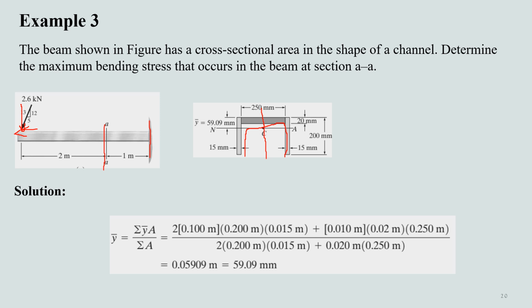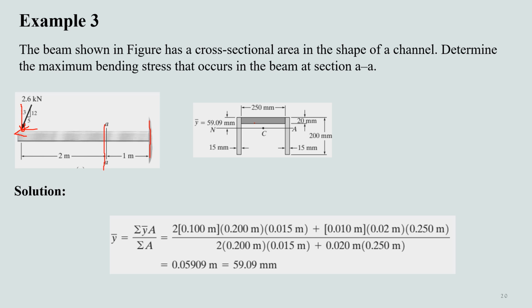For this we have to consider this formula, in which we find the centroid for each of the individual components of a cross section, and then we shift them to a decided origin point. So we have to multiply area by y bar.